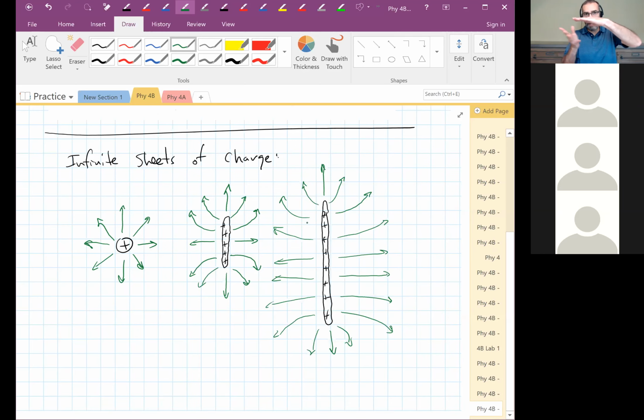They're becoming more parallel. And only the edge effects are changing that, right?